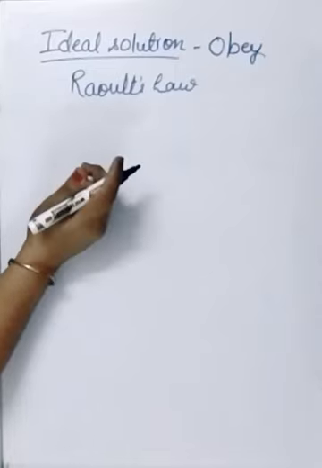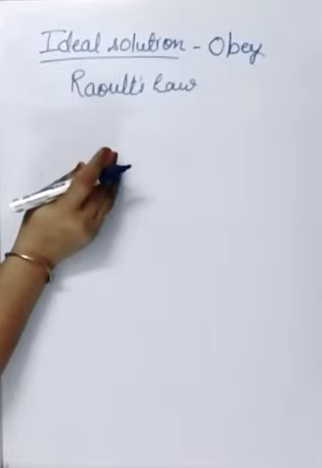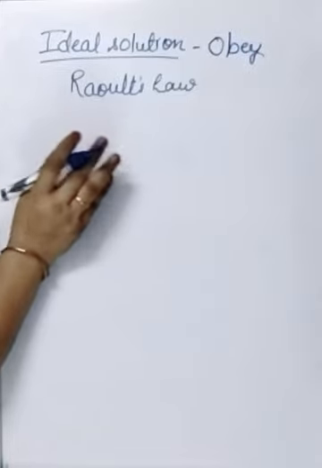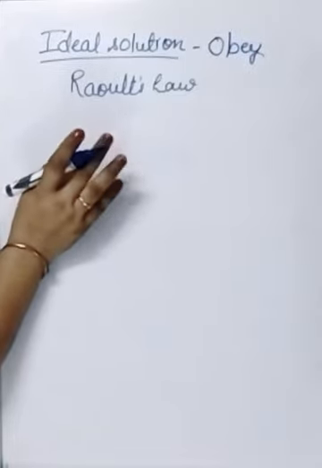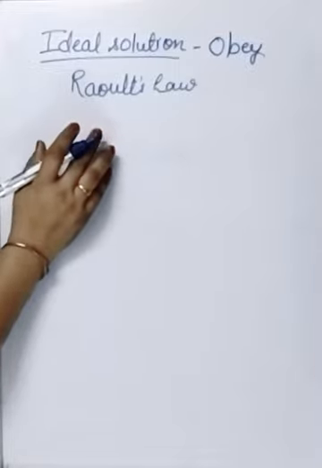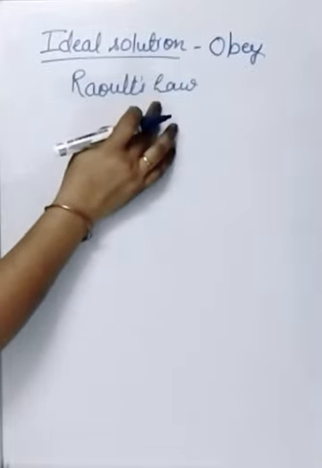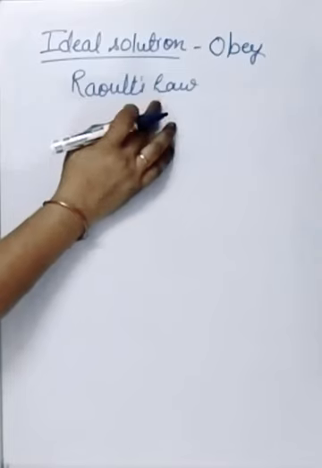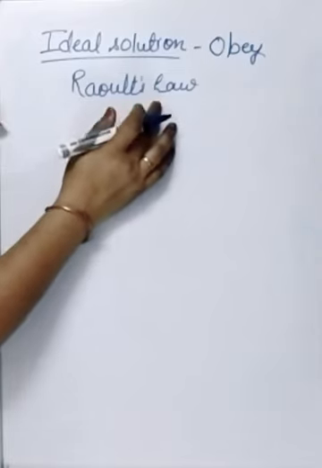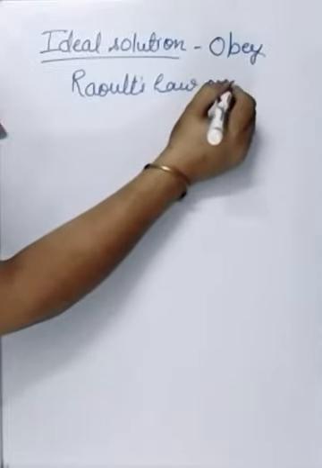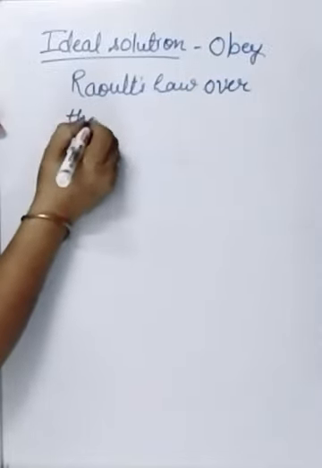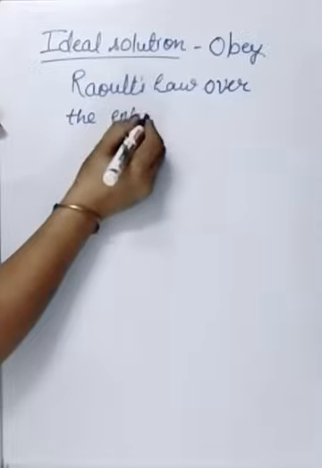Whatever the concentration is, if they are obeying Raoult's law, that means it is an ideal solution. Raoult's law is followed over the entire range of the concentration. This is very important. Over the entire range of concentration.